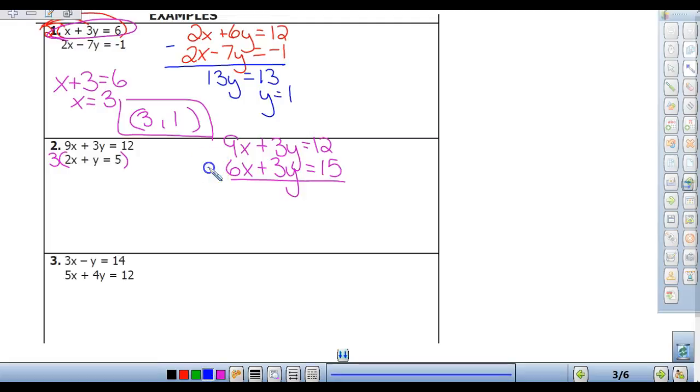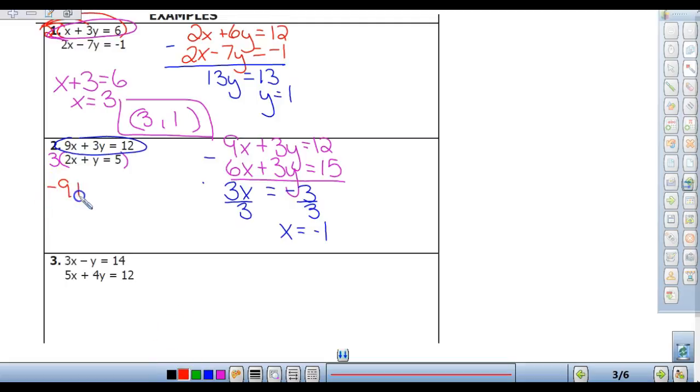Same sign. Subtract. So 9x minus 6x, 3x equals negative 3. There you go. We divide by our 3. x is negative 1. Plug it in. 9 times negative 1.